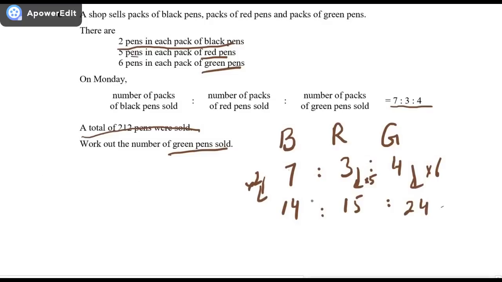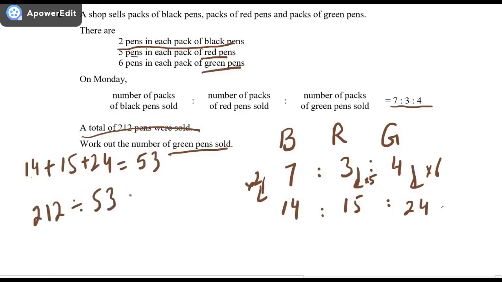We're going to add all these now, then divide by 212. So I'm going to add 14 plus 15 plus 24, so this make 53. Now I'm going to divide 212 divided by 53.